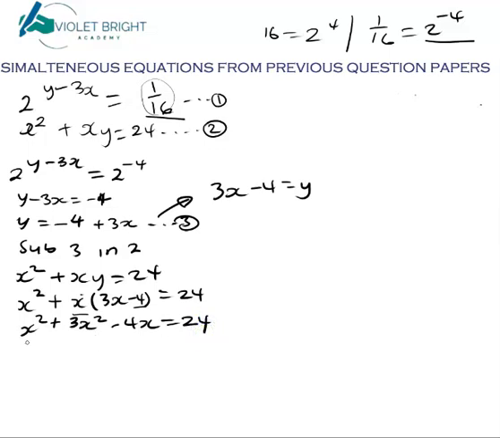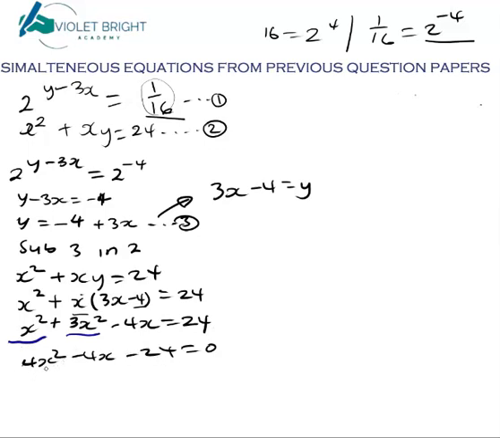From here, you can see the like terms. It's going to be 4x squared minus 4x. Then let's take 24 to the other side. It will be minus 24 equals 0. Now it's easy for us to proceed. Let's check 4, 4 and 24.